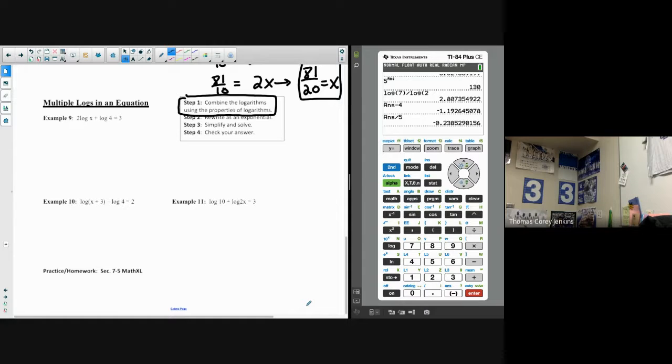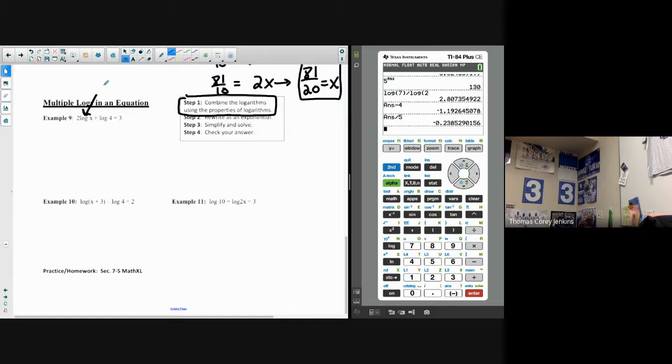All right, so I don't know why they just give us log base 10 here, but that's okay. So let's just look at the first one. Let's go ahead and write this coefficient as an exponent, and then we'll go from there.